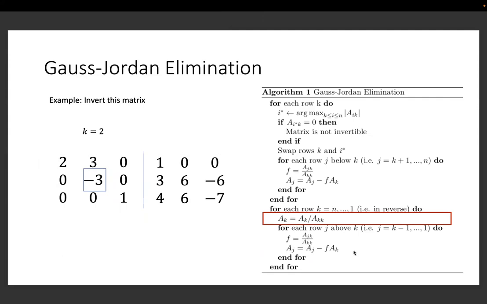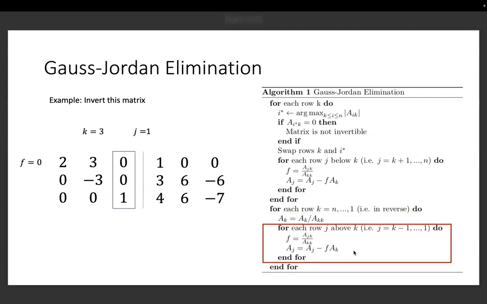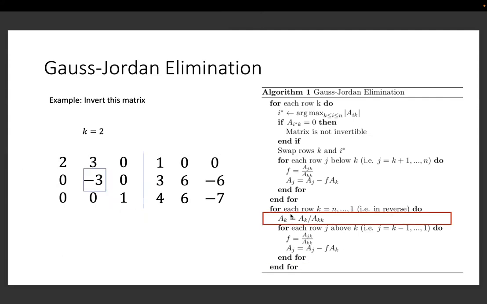So for the k equals 2, now we go to the k equals 2, and then we make sure that this element changes to 1. So we just need to divide every element that we have here in the A2 by A22.